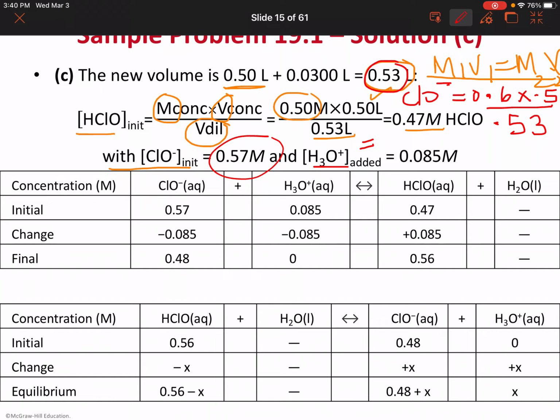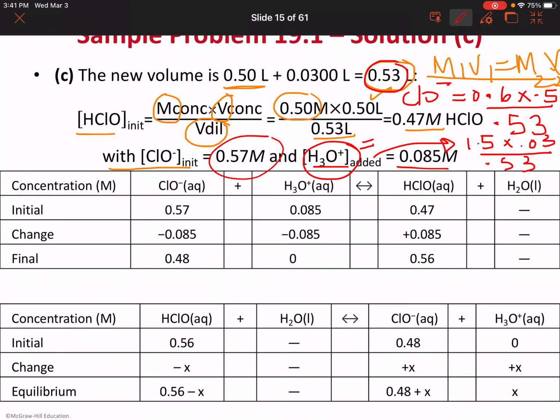So 1.5 times volume 0.03, and then you divide by the new volume 0.53. That will give you the hydronium ion concentration, again using the dilution equation. 1.5 times 0.03 over 0.53 is 0.0849, so 0.085. That's how you calculate these values.